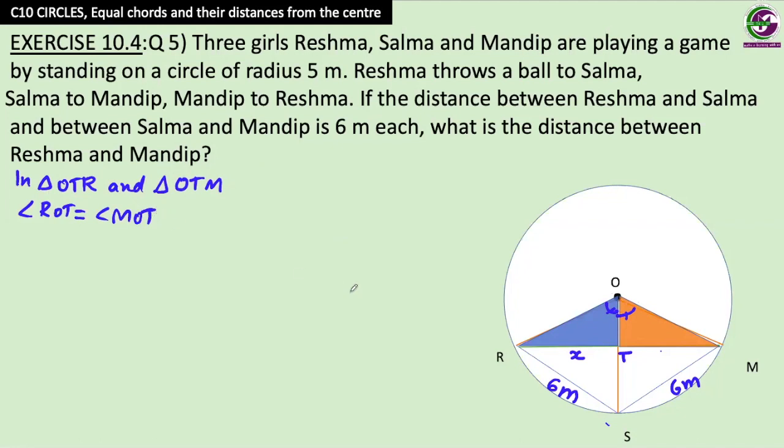The reason is based on a theorem that we studied in this lesson. RS and SM are equal chords. Equal chords subtend equal angles at the center. If you have two lines of the same measurement, the angle subtended will be the same. So this is 6 meters, 6 meters, so the angle subtended will be equal. So by theorem, it is angle subtended by equal chords.